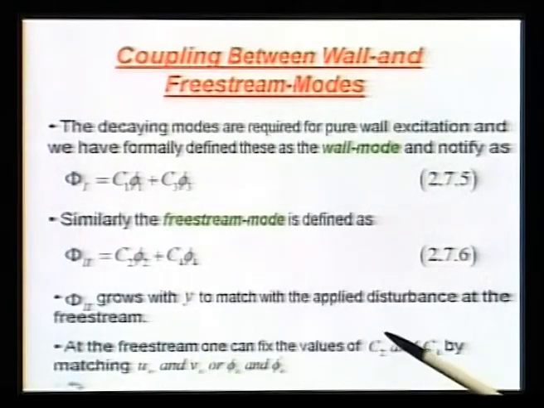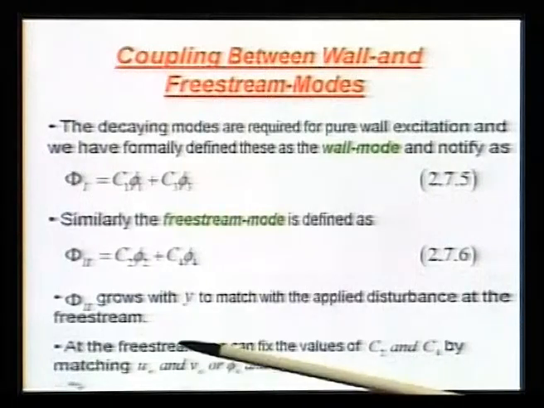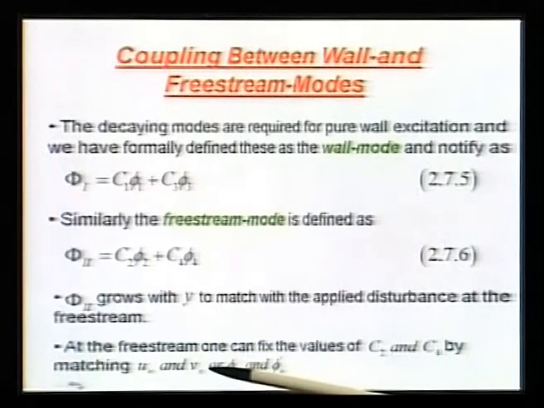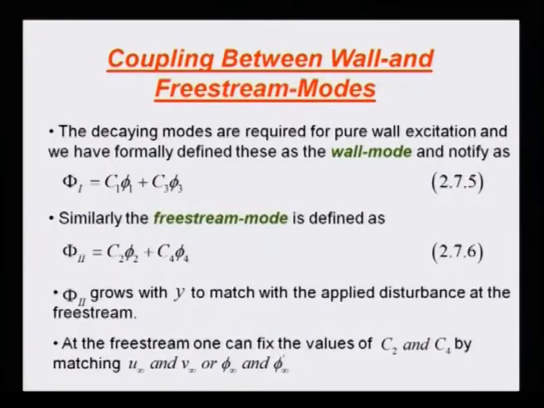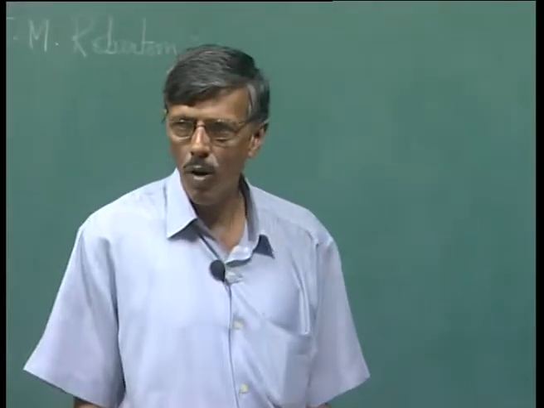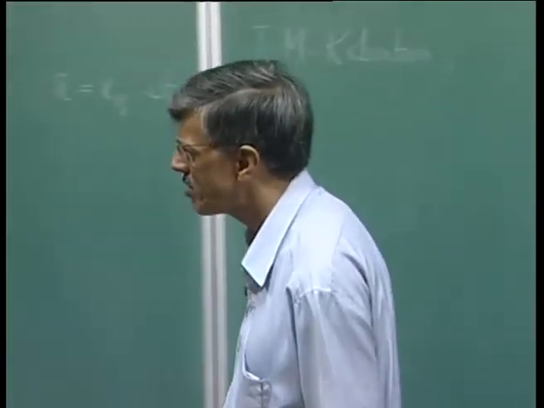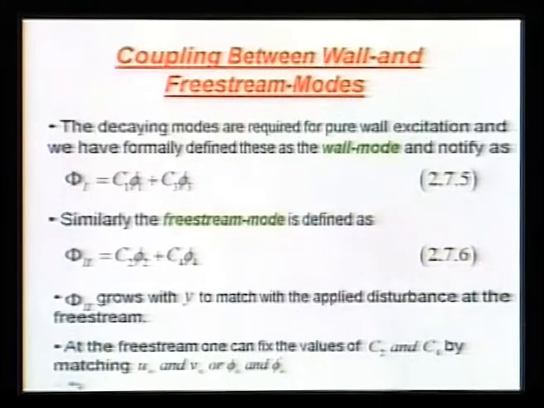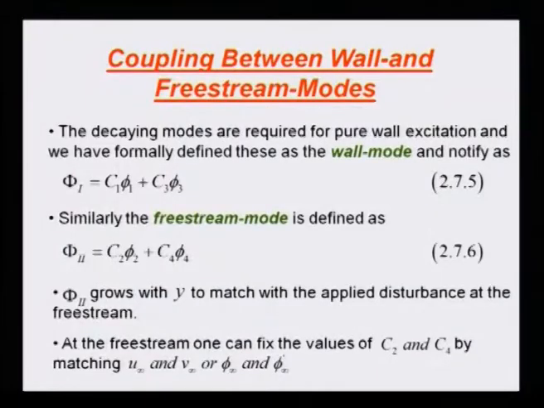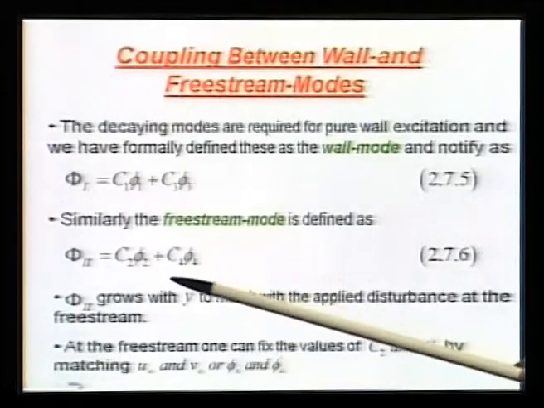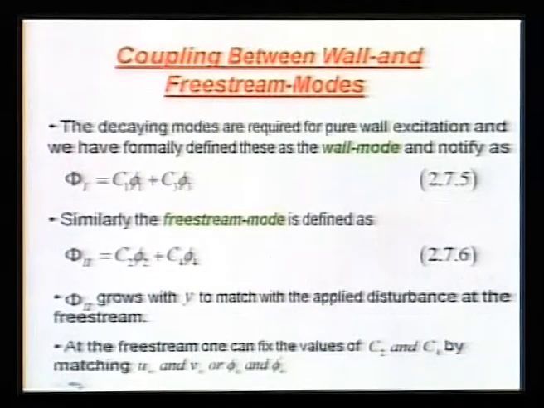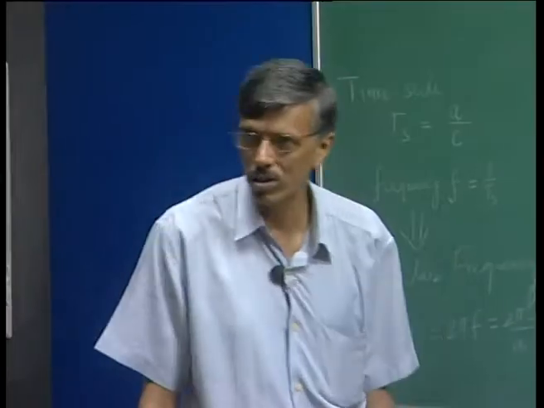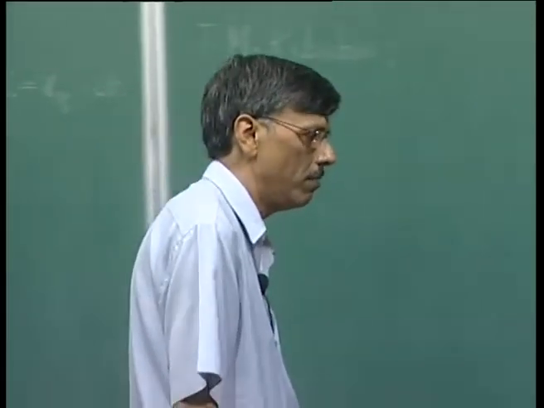We can obtain C2 and C4 using either u infinity, v infinity, or phi infinity prime. Why? What is happening in the free stream about this part? This part is subdominant. This does not exist. That's why independently we can fix C2 and C4 from the free stream condition. So this is what we obtain very easily.